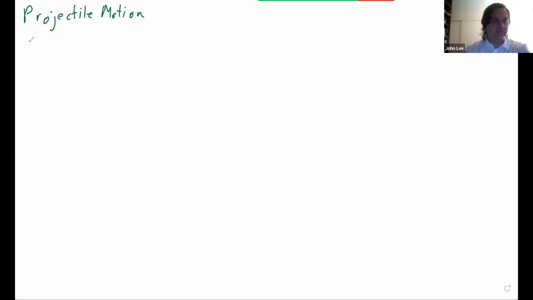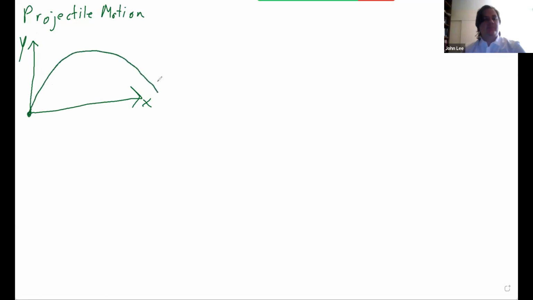So it's motion in a two-dimensional system with x and y, where you shoot, say, a cannonball and study the path of its motion.